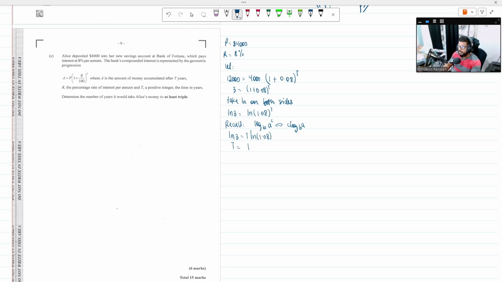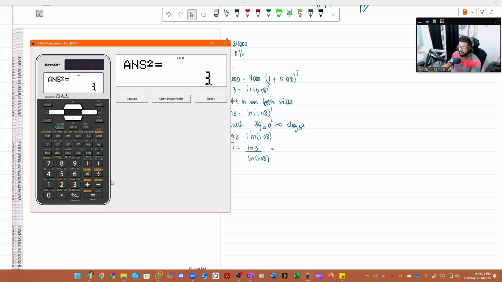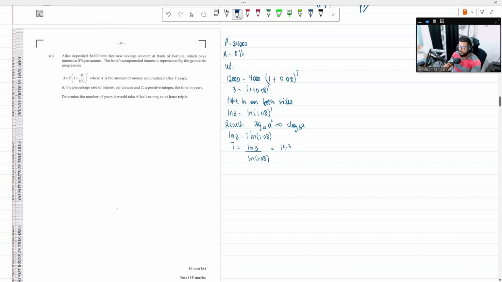T is equal to ln 3 divided by ln of 1.08, which is equal to, jump on the calculator again, ln 3 divided by ln 1.08, 14.27 or 14.3 years.